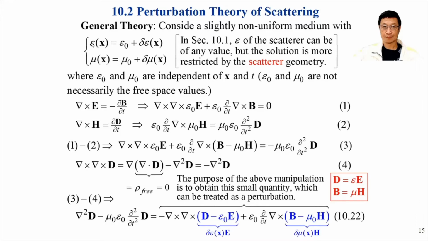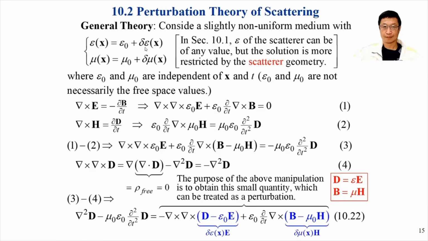So epsilon depends on position: epsilon(x) equals epsilon naught plus delta epsilon(x), mu(x) equals mu 0 plus delta mu(x). That is, we have a small perturbation, very small. And you can just imagine our air. Air epsilon is very, very close to 1.